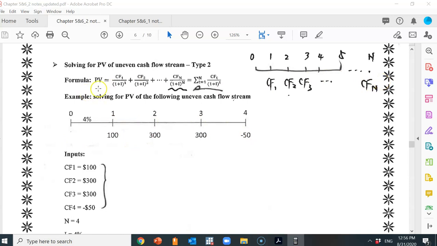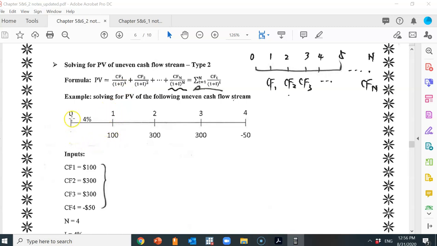The formula we are going to use is: present value of this uneven cash flow equals all the cash flows, from cash flow 1, 2, 3 to cash flow n, divided by the appropriate interest rate. Cash flow 1 should be divided by 1 plus interest rate to the power of 1, because we're just discounting cash flow 1 for one period to time 0.